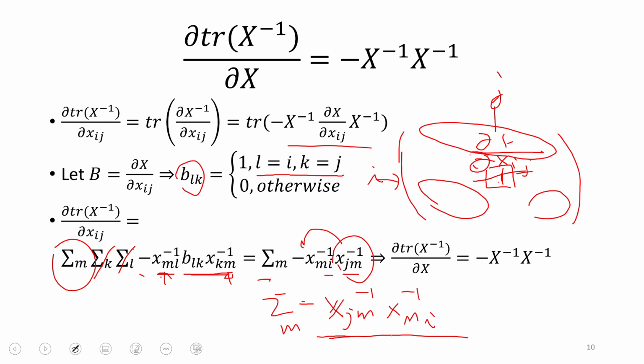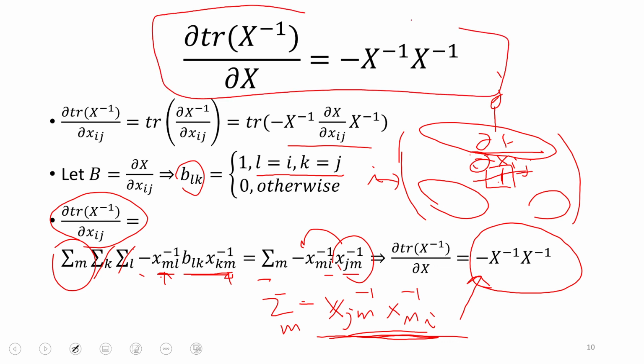This is now equal to negative x inverse times x inverse. That's the tricky part: because of the numerator layout, the ij element is the ji element of this partial term. It turned out that the result is negative x inverse times x inverse. So the result is quite neat. That's all I have for this video.